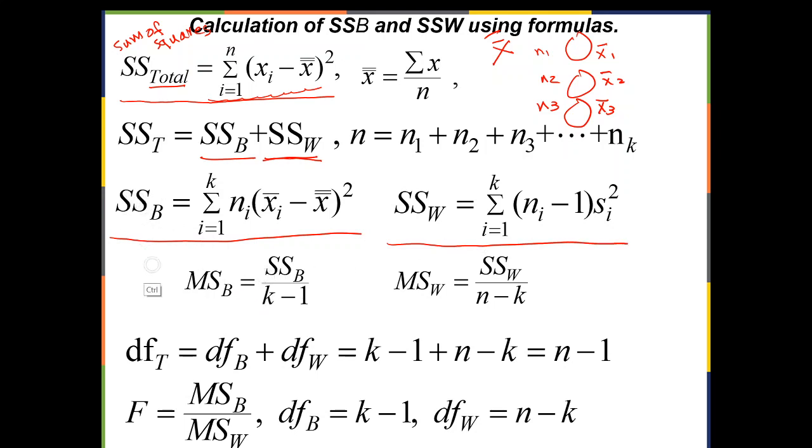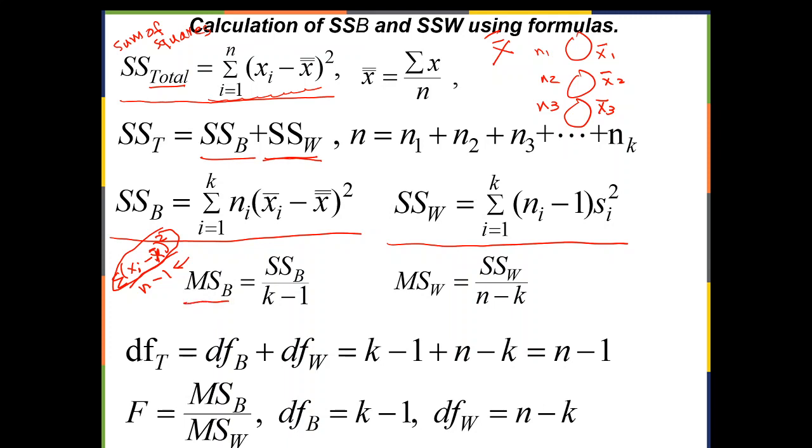Now, remember in variance, when we calculated the variance in the previous chapter, we had xi minus x bar squared, and then we took the sum and divided it by n minus 1. Remember how we calculated the variance? It's a similar idea here, except that we separate the sums and then decide what to divide by.